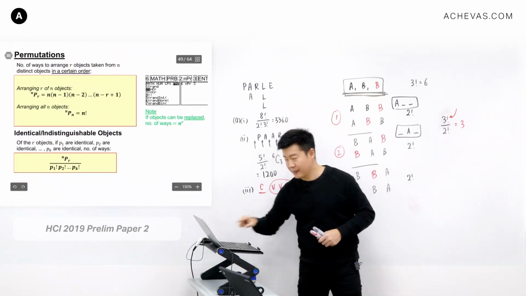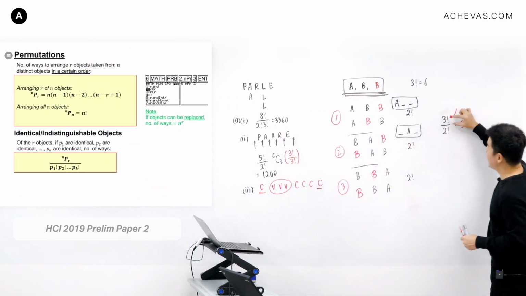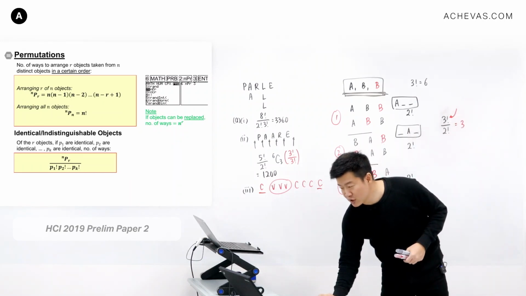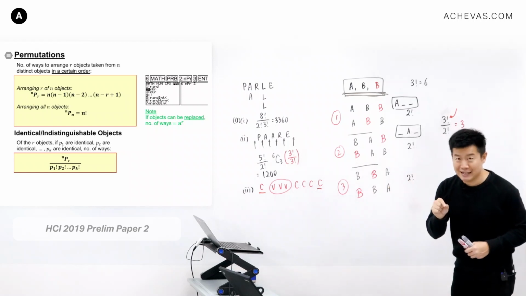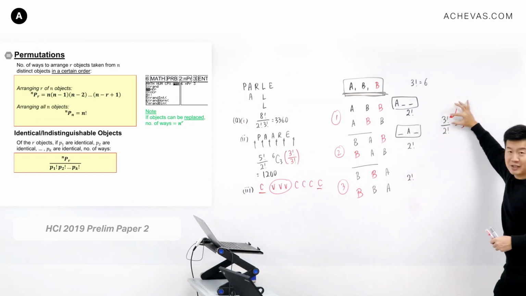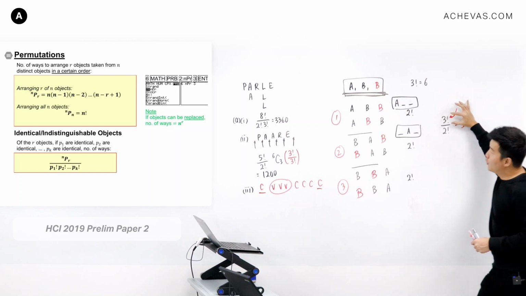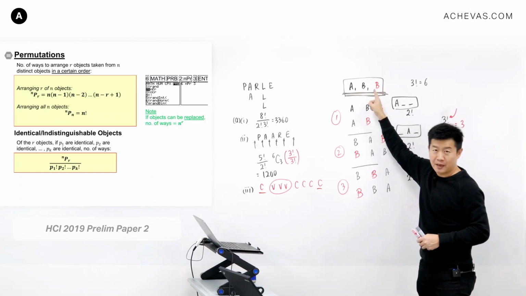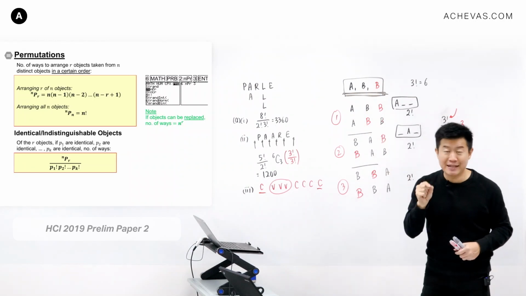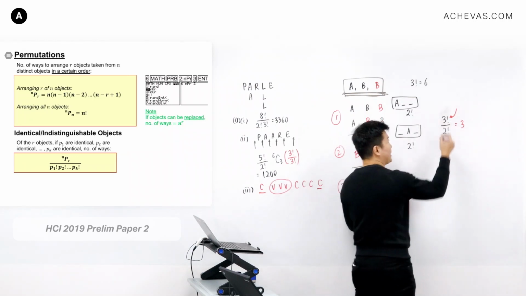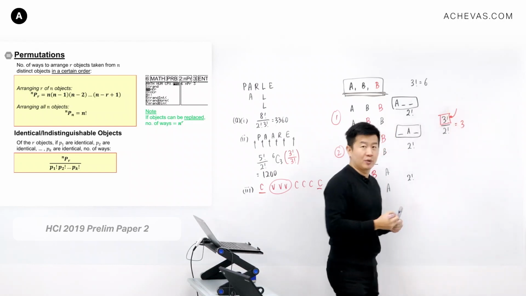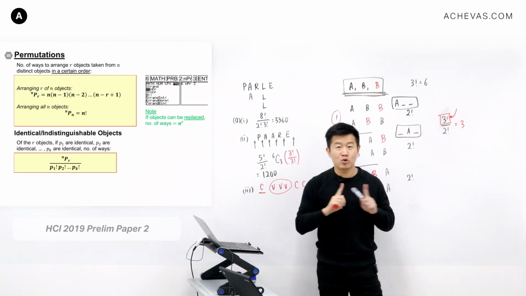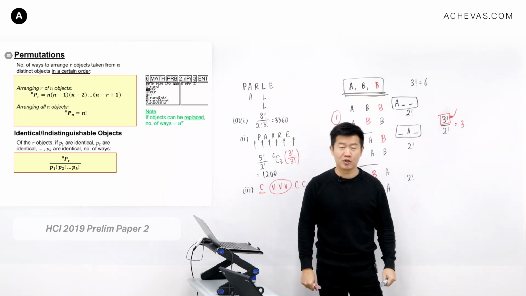So now we are trying to apply a permutation in the numerator. Although I am looking at an A, B, B scenario, when I first started my calculation by applying a 3 factorial, I am not looking at it as A, B, B. Or else I couldn't have applied the 3 factorial in the numerator.